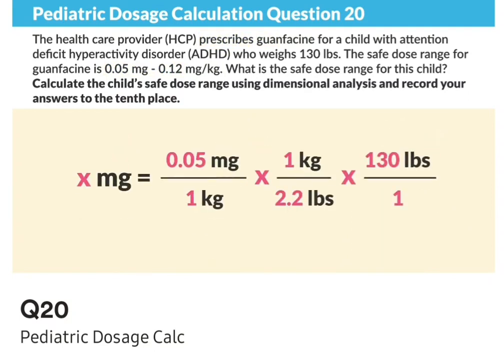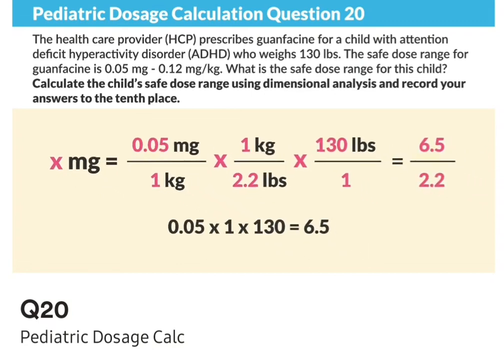So first, we have to set up X milligrams, and we're plugging in that first number. So that first number here is 0.05 milligrams over that 1 kilogram. And then we're converting pounds to kilos. So 1 kilogram on top over 2.2 pounds. And simply plug in the child's weight, 130 pounds over that 1 for 1 dose.